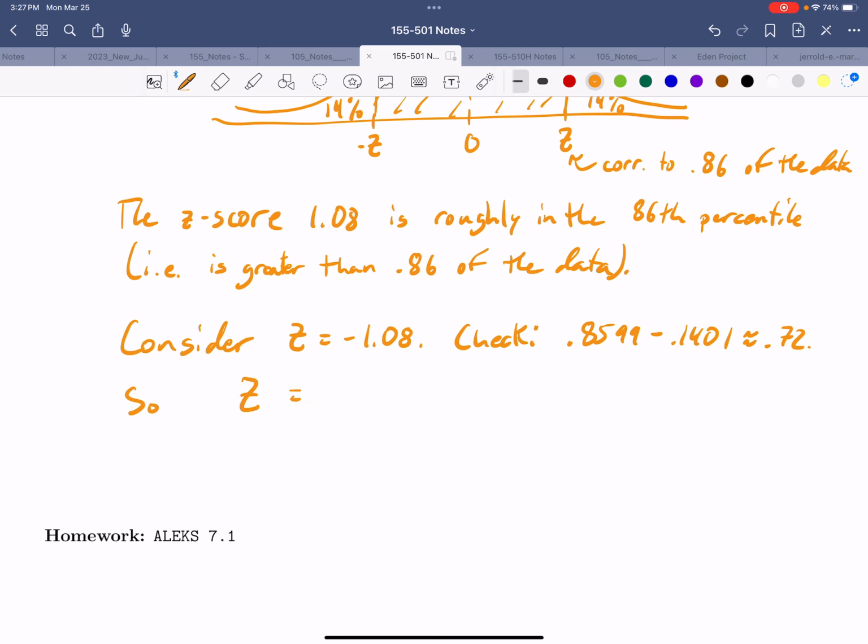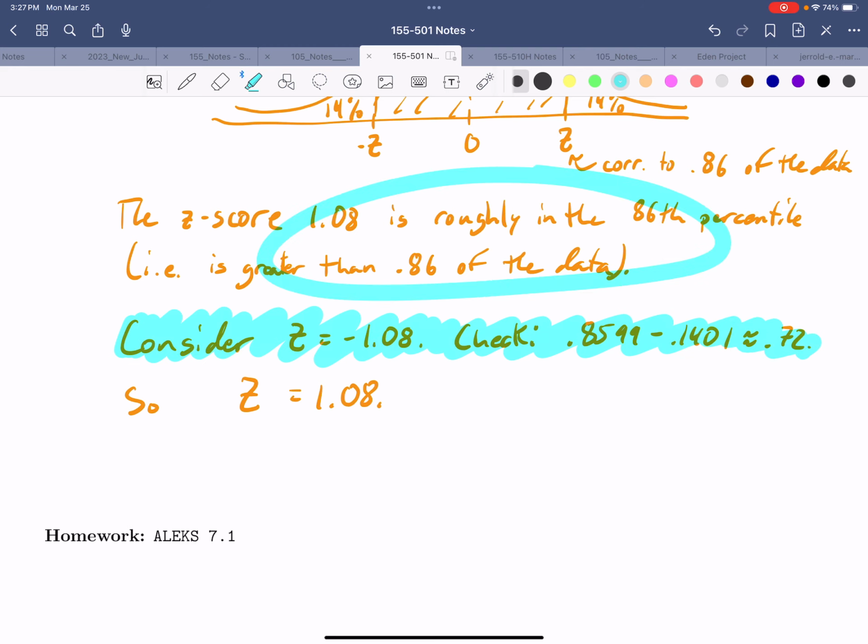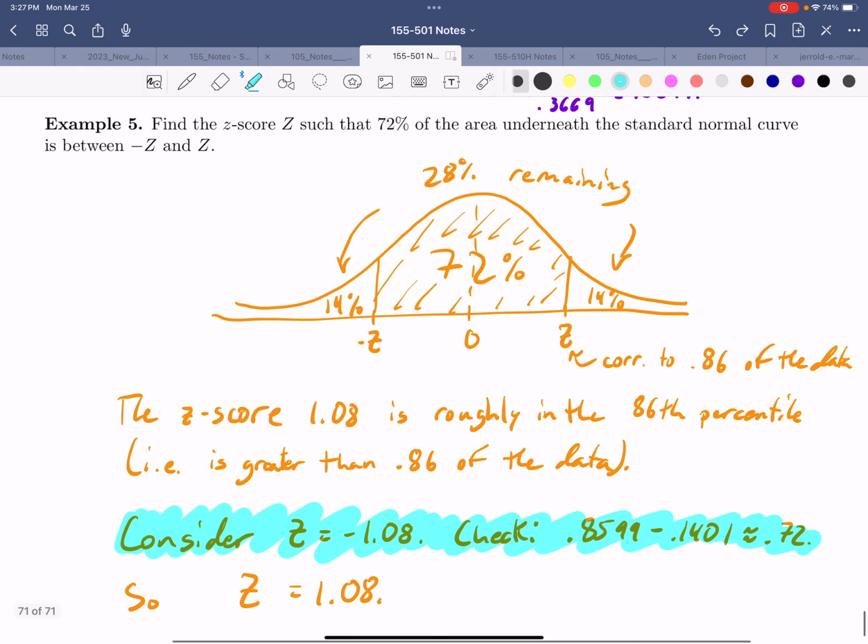So capital Z equals 1.08. We didn't actually even need to do this right here. We could have stopped right here and been done. Okay, so that's how you do it using the charts.